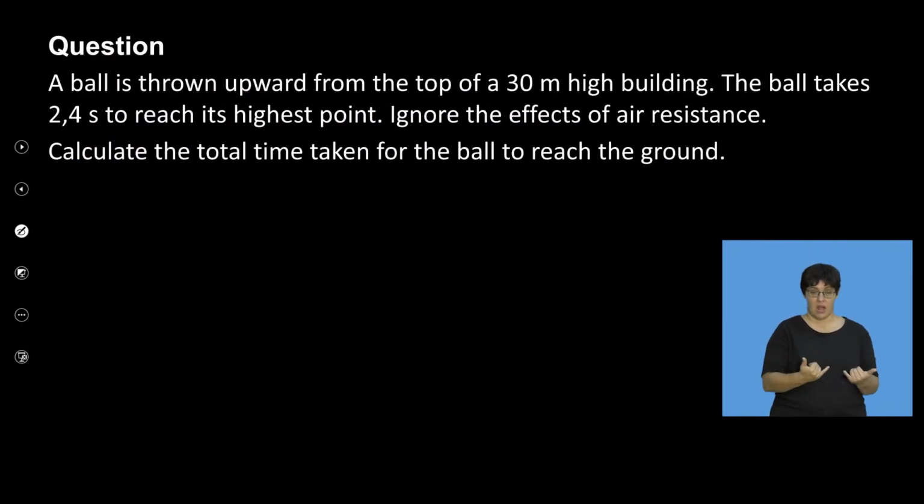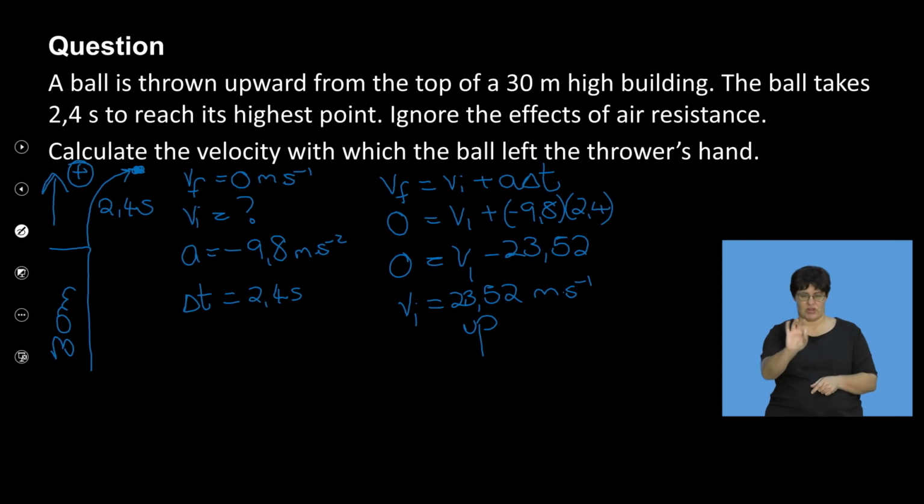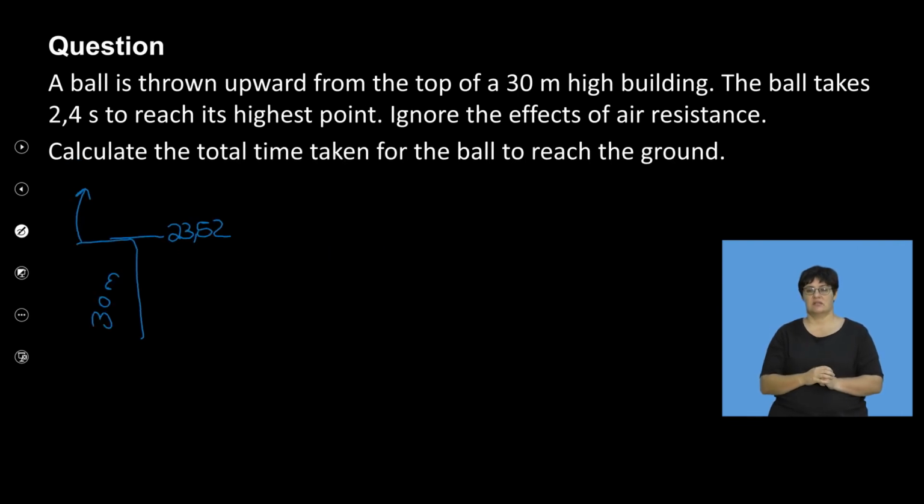Now they want the time it takes for the ball to reach the ground. So we remember we've got 30 meters here. We've just worked out that the ball's going up at 23.52, if I'm remembering correctly. And we know that it takes 2.4 seconds to get here. And now they want the total time.